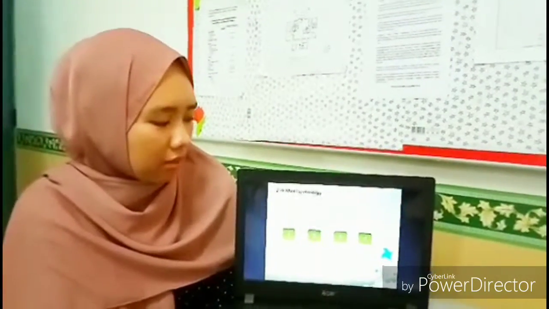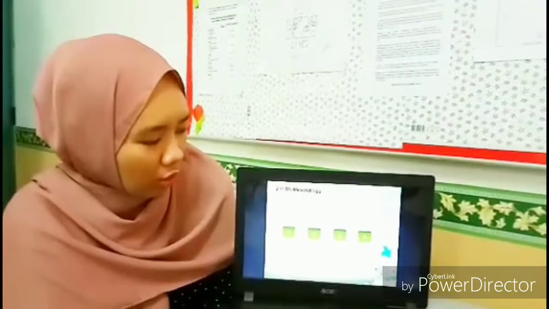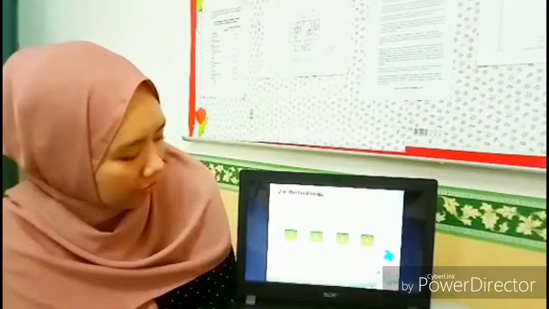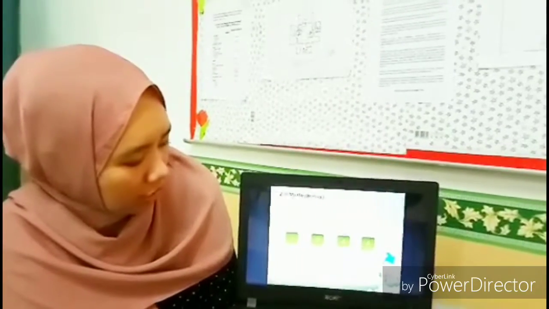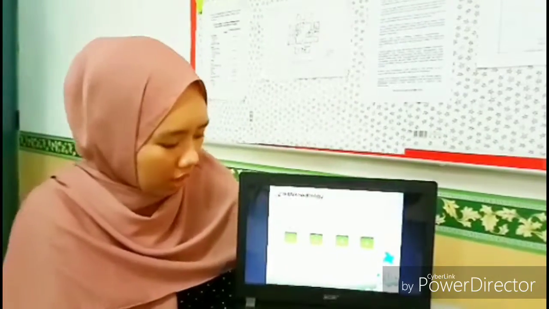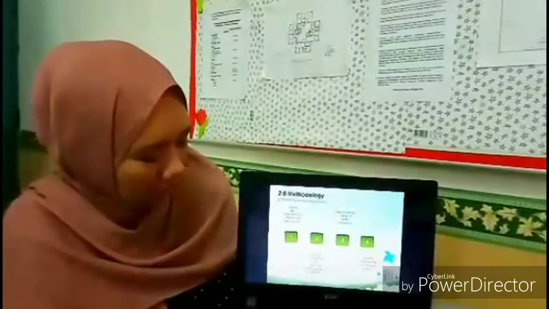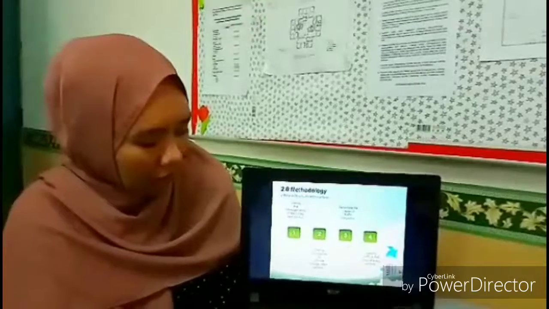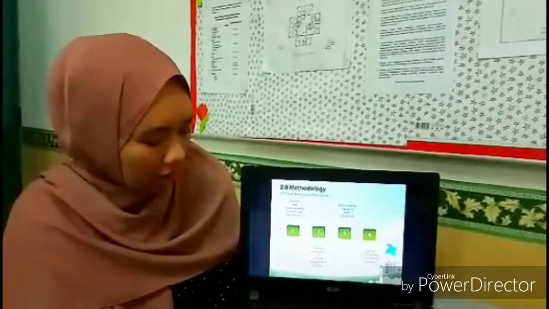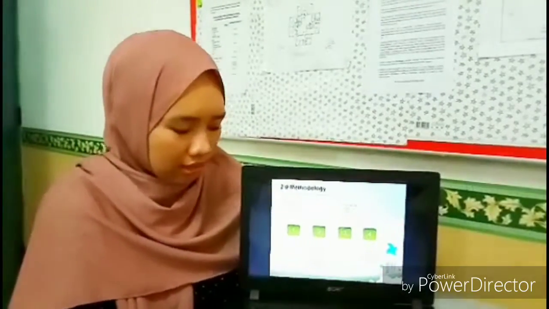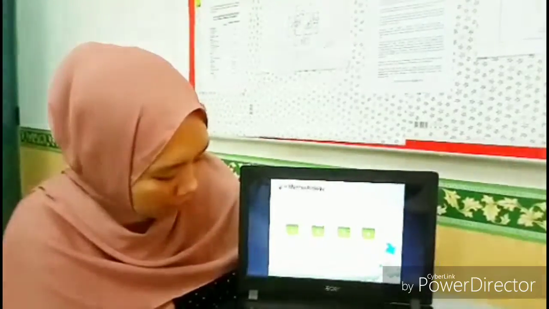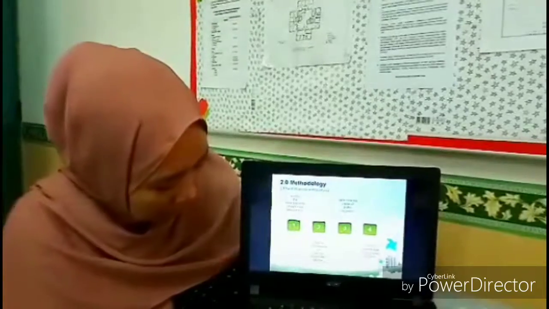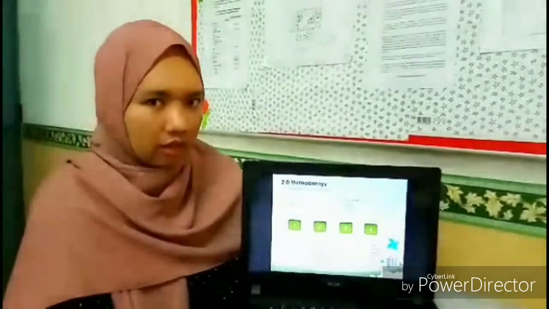Next topic is methodology. 2.1 Field observation procedure. Firstly, identify the measurement of each road lane junction, and secondly, make observations of vehicles through each junction.